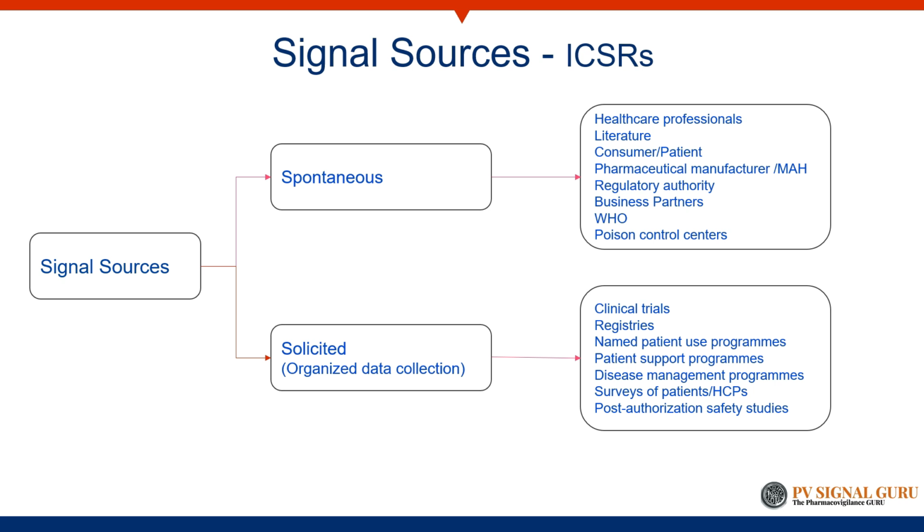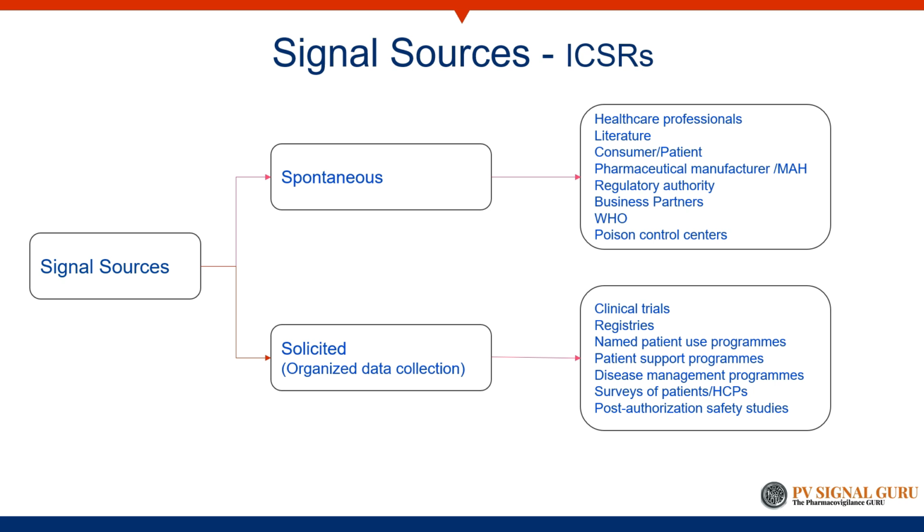Now that we've seen how signal sources align with the types and sources of ICSRs, it's clear that high quality ICSRs play a crucial role in pharmacovigilance. Accurate and detailed ICSRs are the foundation for identifying and evaluating potential safety concerns, making them essential for ensuring patient safety and effective drug monitoring.